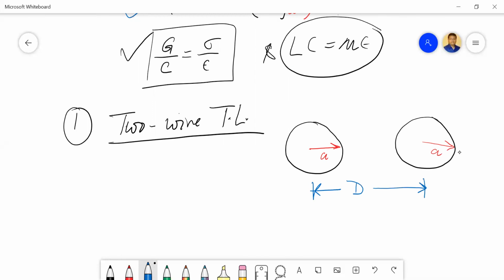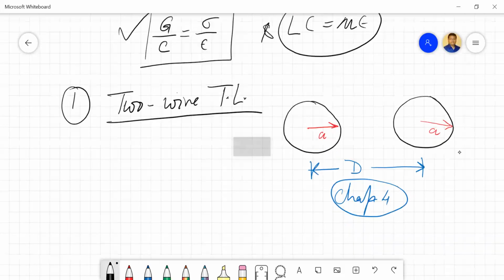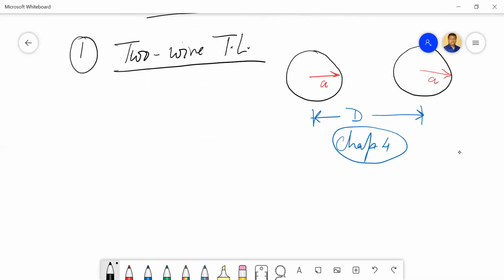If you check the book by D.K. Cheng, in chapter number 4, you will find the complete derivation of what you performed in the electromagnetic theory course. So, not to derive all those things, just recalling these formulas, I'm rewriting them here.